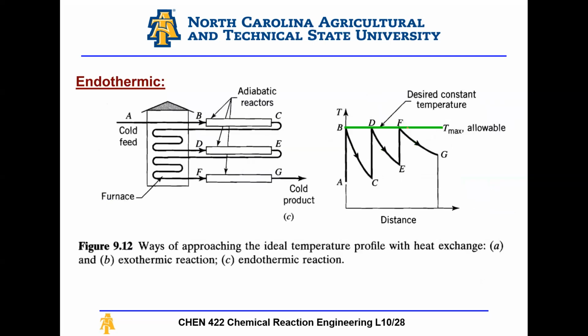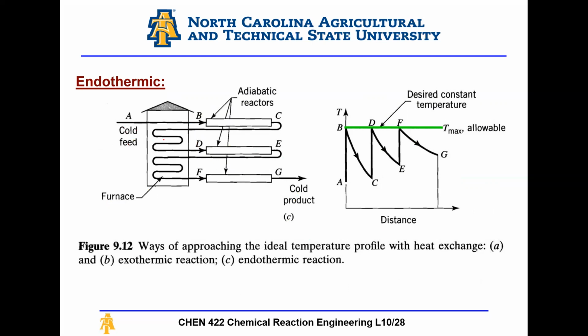Okay. For endothermic reactions, a similar idea is used, called multi-stage operation, but this time with a heater. So this is the opposite of the case we talked about before.